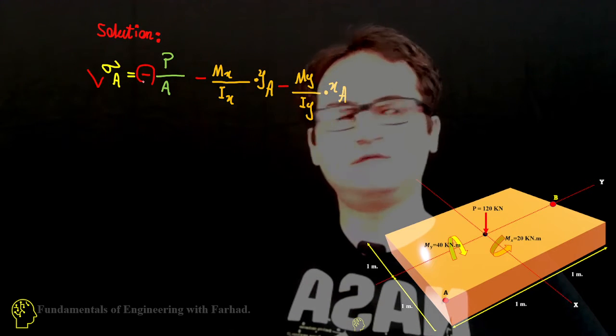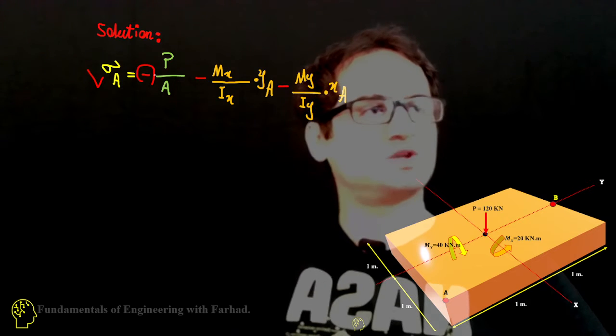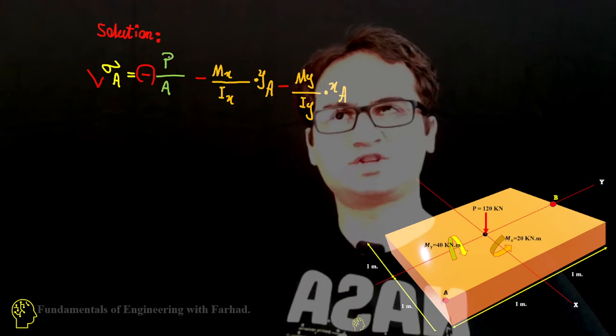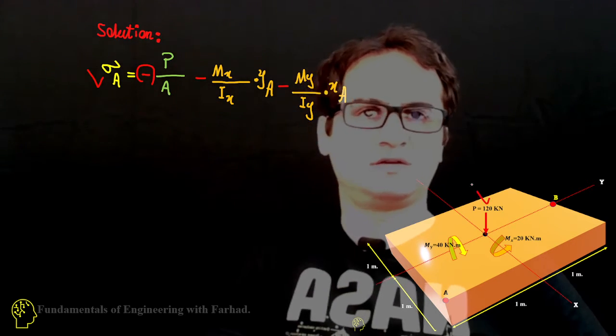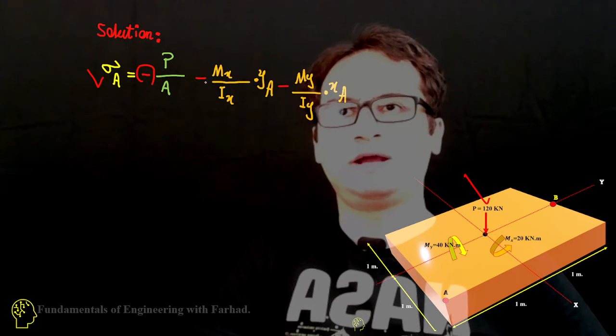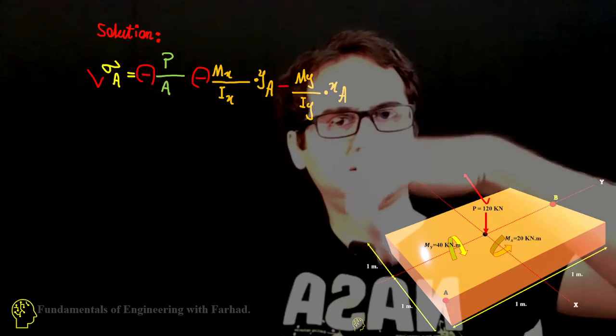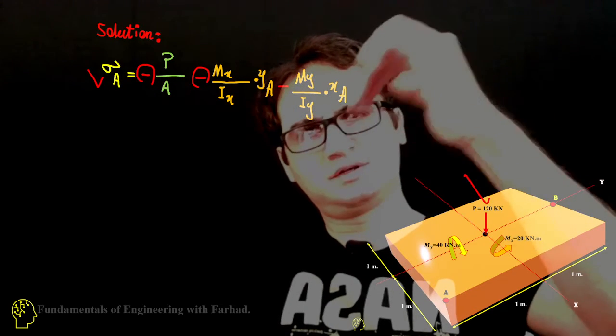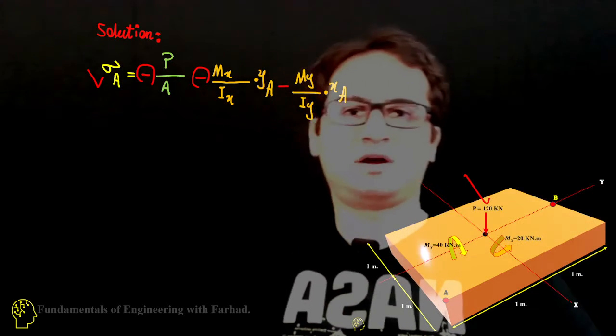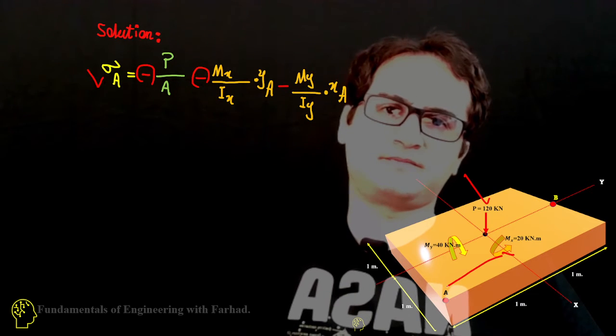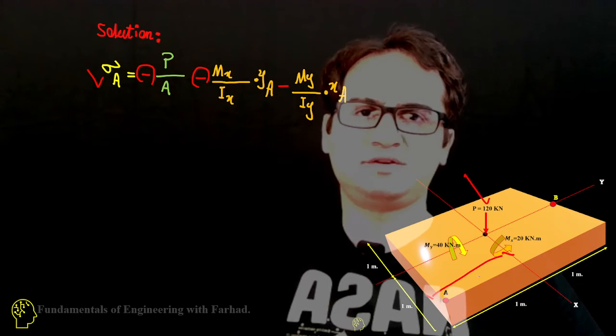That's negative because of the compression force over the entire area of the foundation, P over A, which is 120 over 4. Negative again, a push, for Mx: Mx over Ix times yA, which is 1 meter.